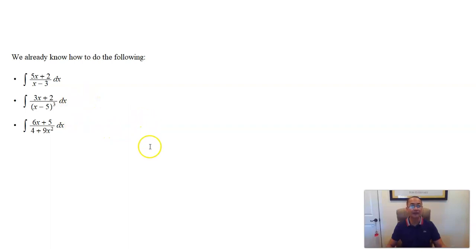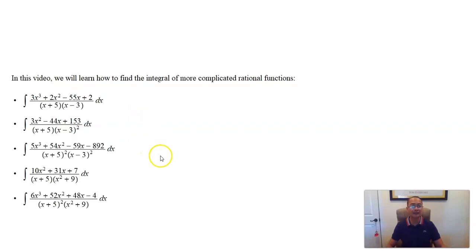But we are going to make it a little bit more complicated. Oh my goodness. So check it out. We will do these 5 examples. So what makes them harder? Well, there are now 2 different factors in the denominator here. So a u sub is not going to help you out.